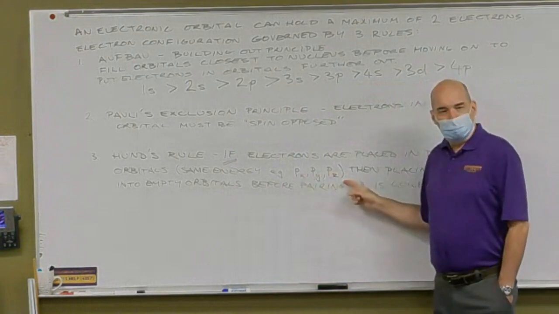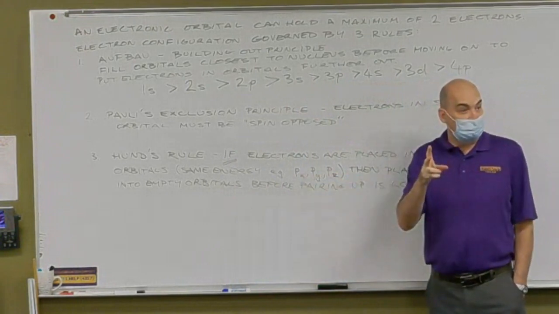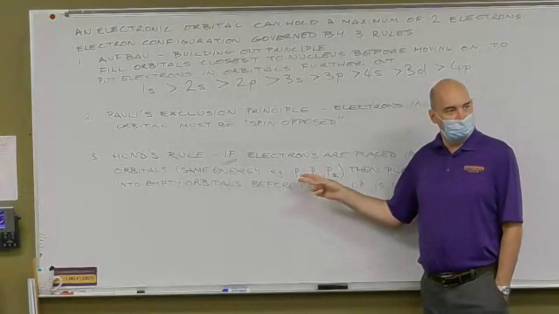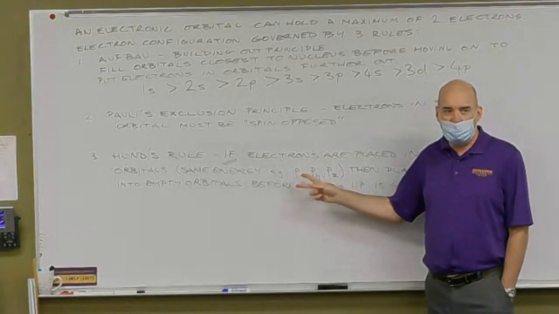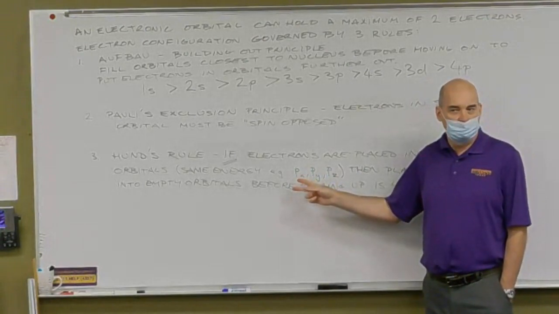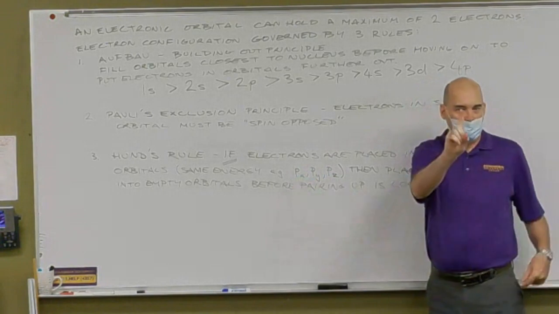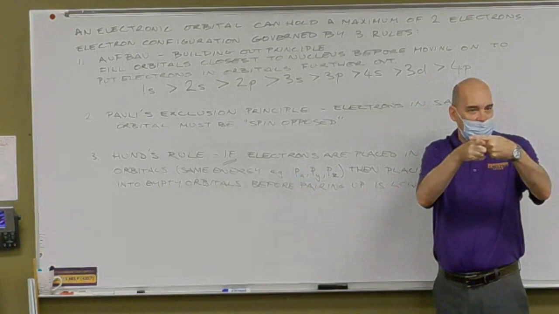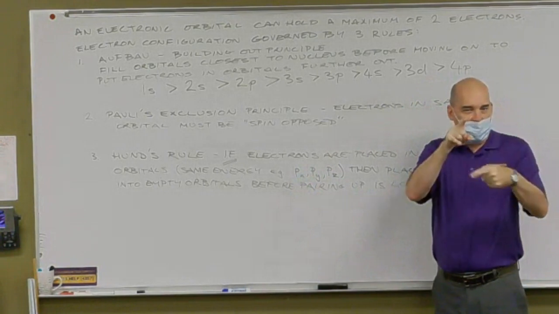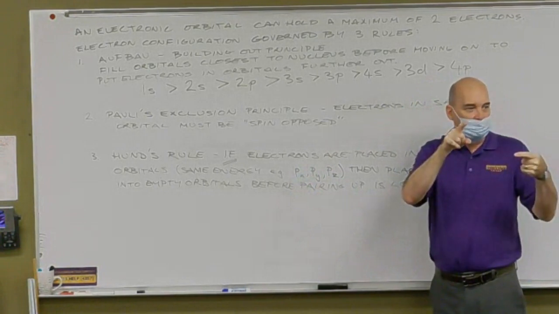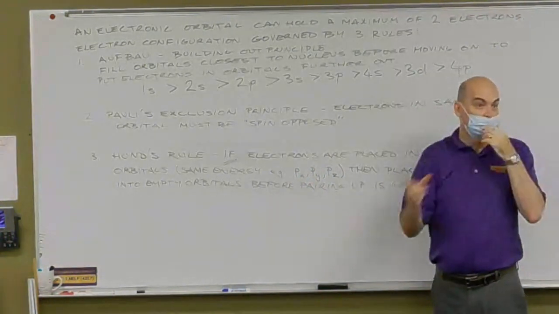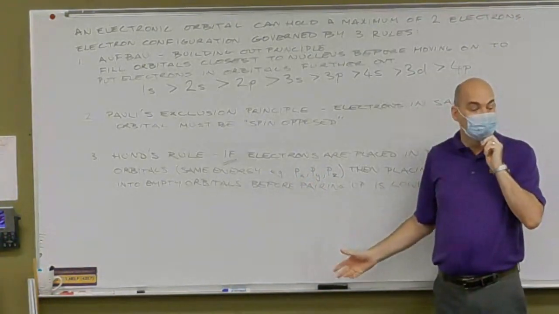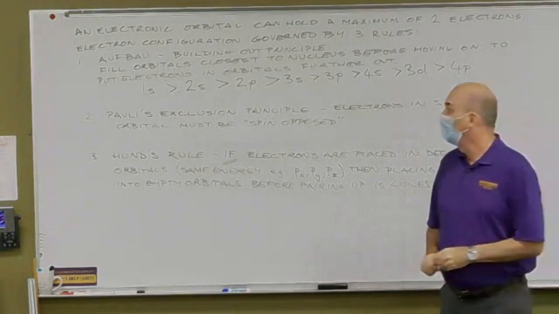So I've got 3 orbitals that I'm going to put 2 electrons into. If I put them both into the px, then they repel each other. The x and the y and the z are at 90 degrees to each other. So if I put one into the x and one into the y, then they don't repel each other. Lower energy. Okay.